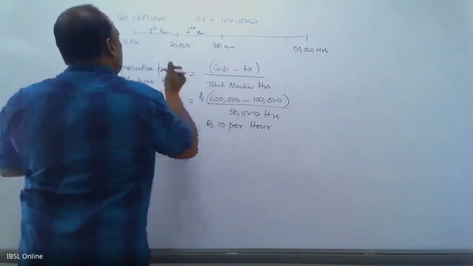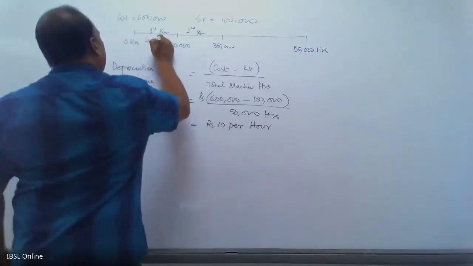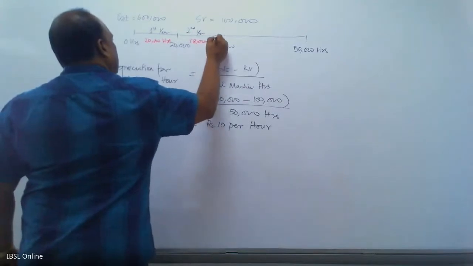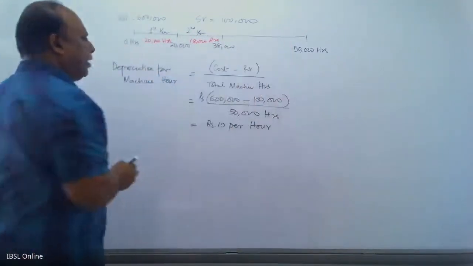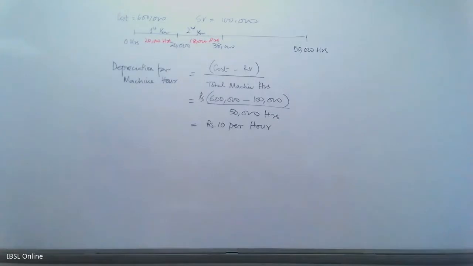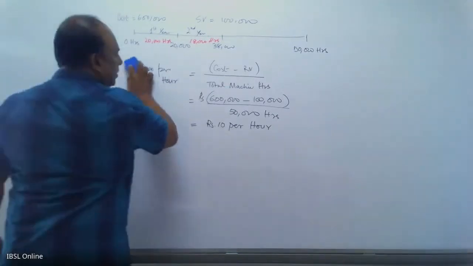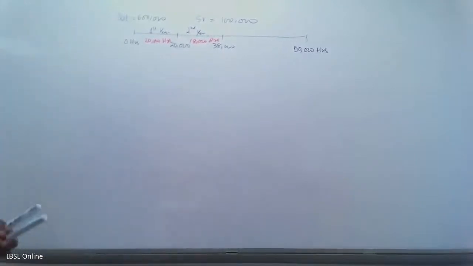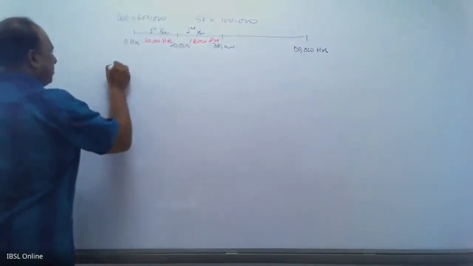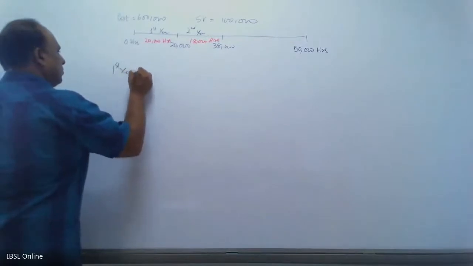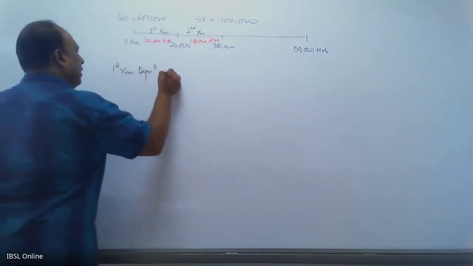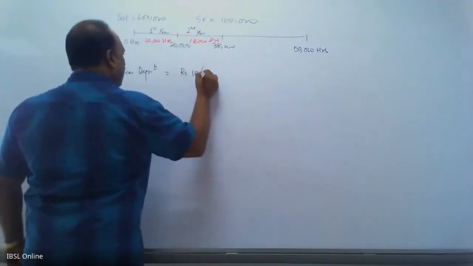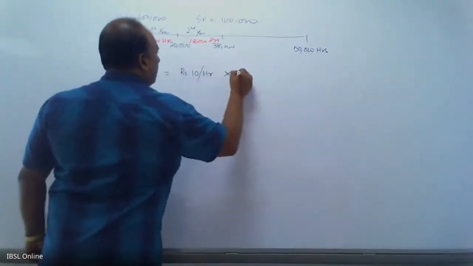Okay, so here they have run for 20,000 hours. Here it is 18,000 hours. Now we are supposed to calculate the depreciation for those two. So first year depreciation will be rupees 10 per hour into 20,000.